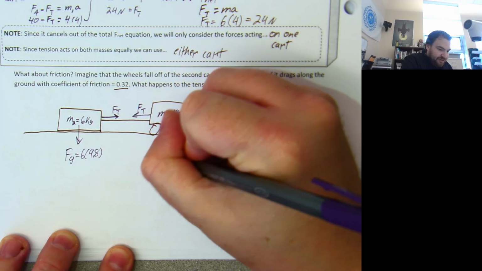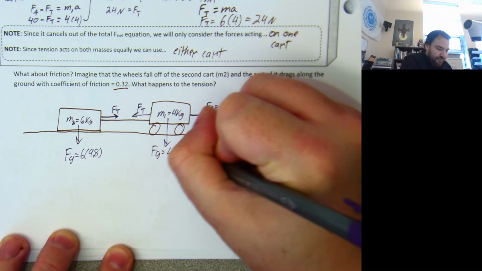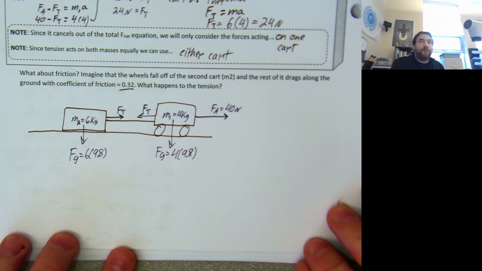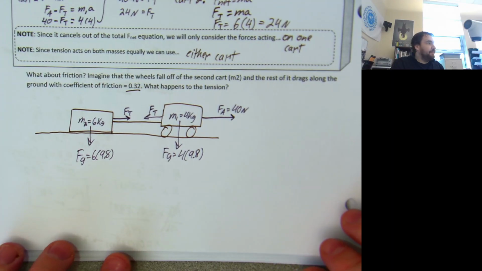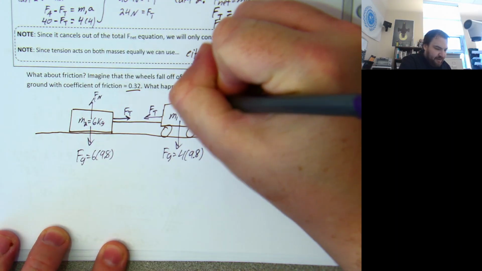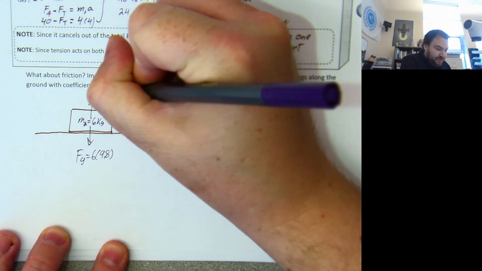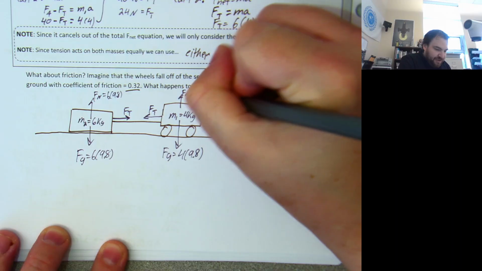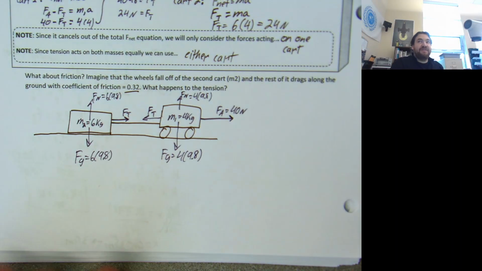Fg is acting down. It's going to be 4 times 9.8 on the block on the right. What other forces are acting? Brad? Normal forces are acting up. Fn and Fn. This one's also going to be equal to 6 times 9.8. This one's going to also equal 4 times 9.8. Because the ground is level, Fn and Fg are the same.